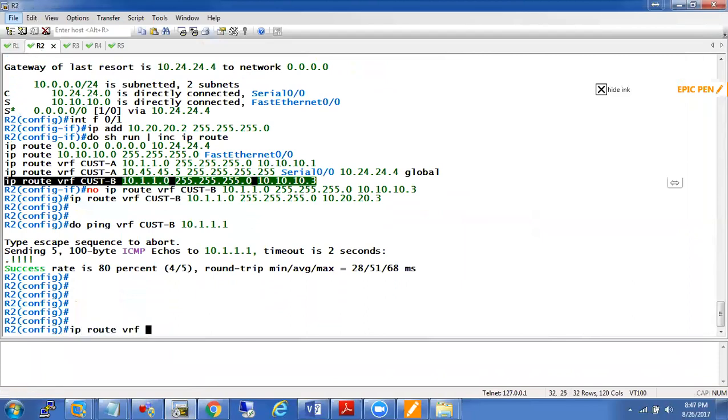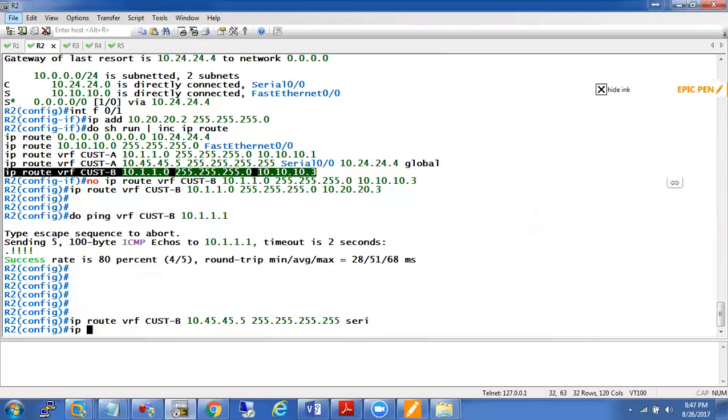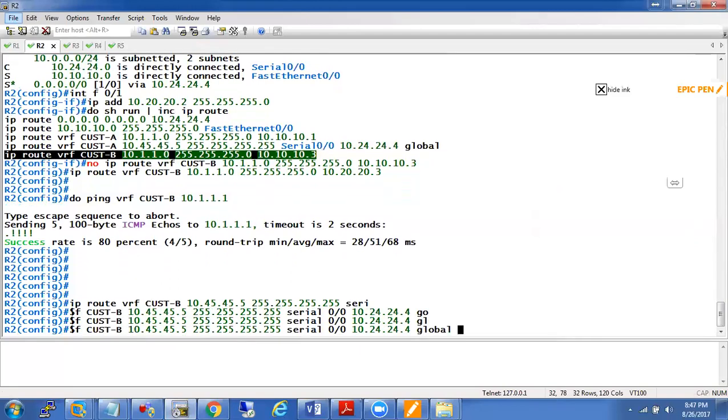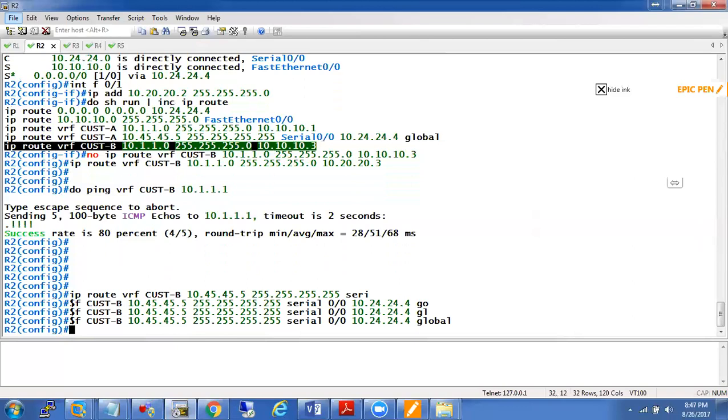IP route VRF cust B, serial 0/0, the global interface, the next hop, and the keyword global. Good. So at this point, the packet would go from R2 to R4.